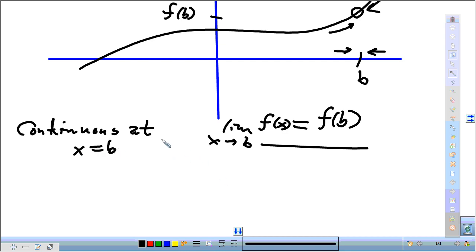So continuous at x equal b is the fact that we have a limit as we approach b left and right, and that exactly coincides with the functional value. Then we get a continuous graph picture. So that's not true of every graph and at every value.